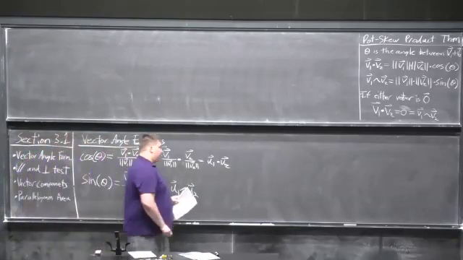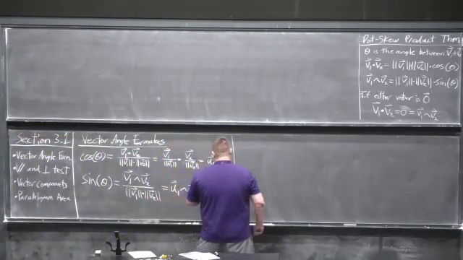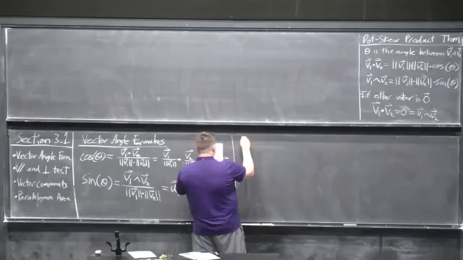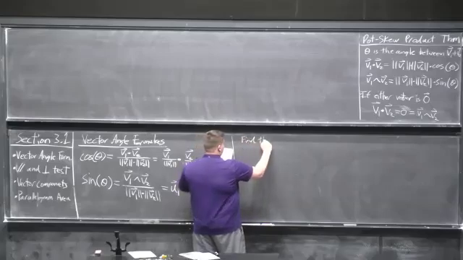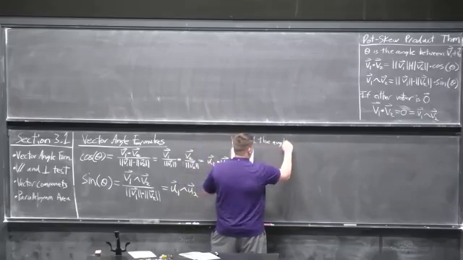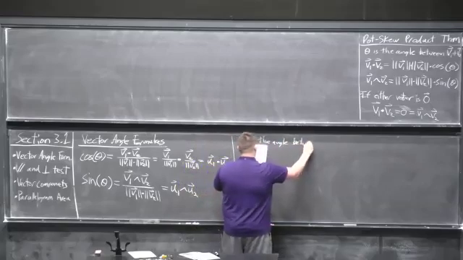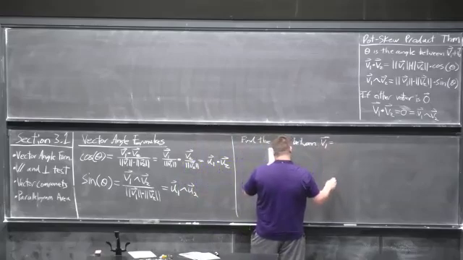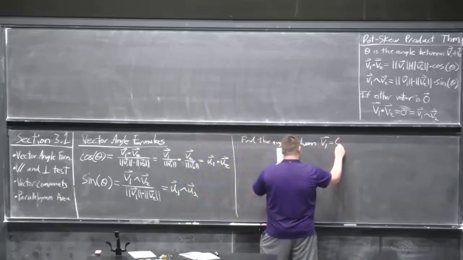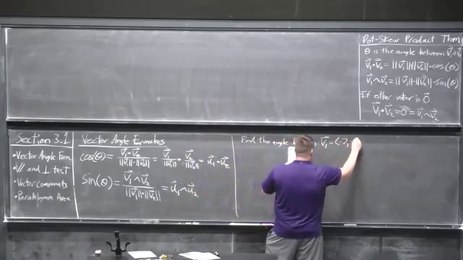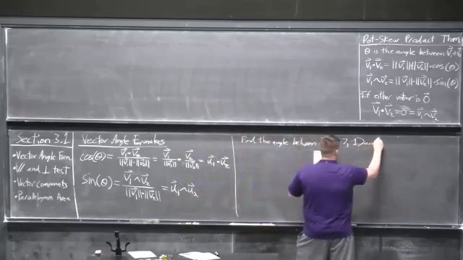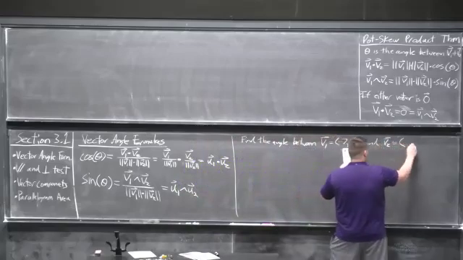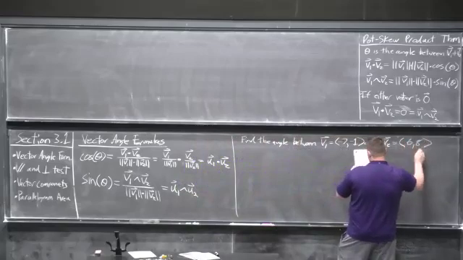So let's work with an example. We want to find the angle between V1, which is -7, -1, and V2, which is 6 and 8.